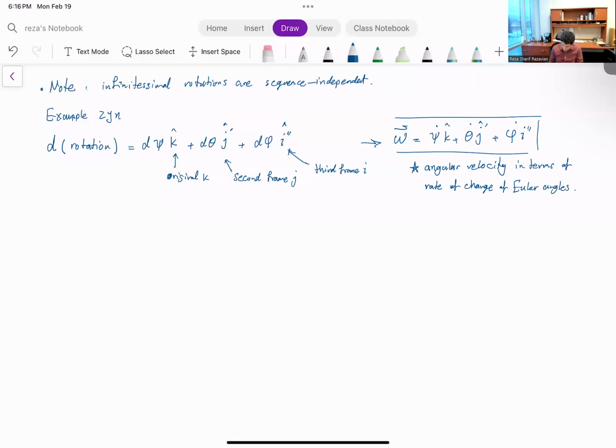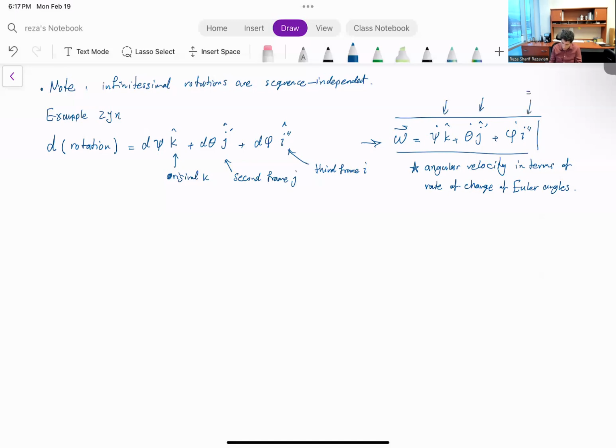But remember, I'm writing it in these K, J prime, and I double prime, which are some intermediate frames until I arrive at my final body fixed frame that I should be interested in. So I'm usually not interested in these intermediate frames, especially these two.